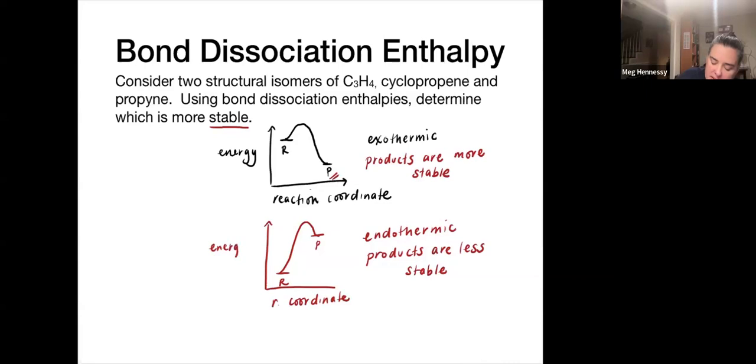I'm finally done annotating my picture. And I'm going to think about these two isomers. So I have cyclopropene and propyne. I'm going to convert one to the other. And I'm going to see if that reaction is endothermic or exothermic. So what would that look like? I have cyclopropene.